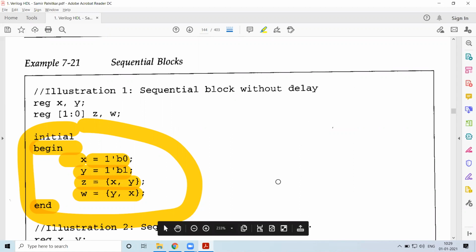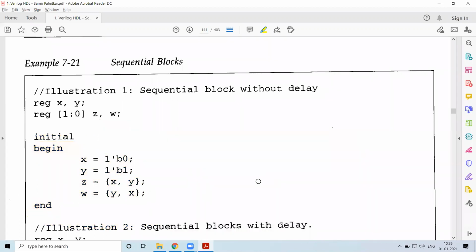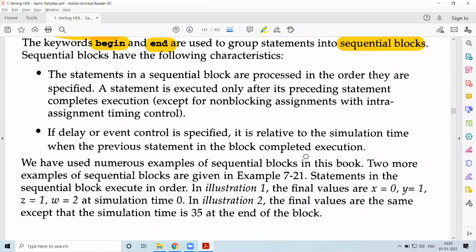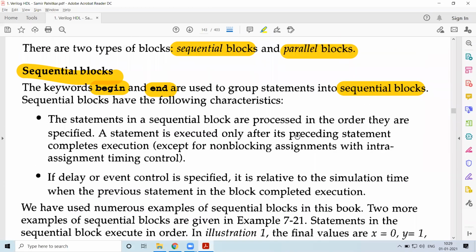This is what happens in sequential execution. Your C programming is also sequential in nature. After the first instruction is executed, the next one, and after that the next statement. This is the property, or the nature, of the sequential block.